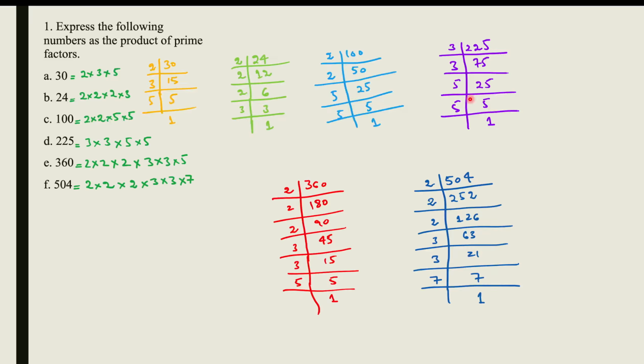So 5 multiplied by 5 is equal to 25, and then 5 multiplied by 1 is equal to 5. So the factors that we get are 3 multiplied by 3 multiplied by 5 multiplied by 5. Again, in the ascending order we write them with multiplication sign between the factors.